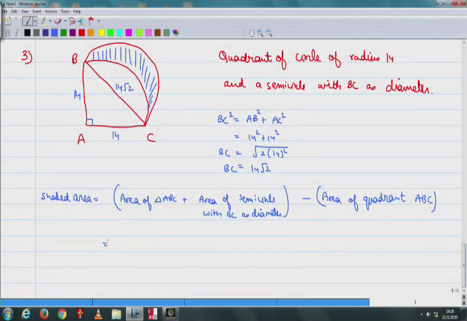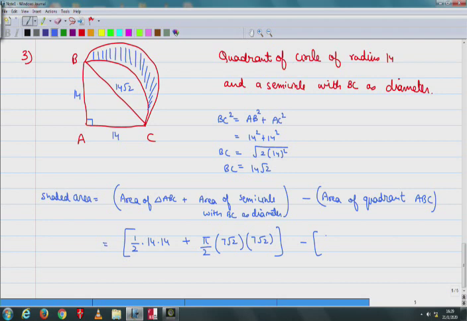So area of triangle ABC is a right angle triangle, which is half into base into height, plus area of semicircle where BC is the diameter. If the diameter is BC, then the radius would be half of this one. So pi by 2 r square, where radius would be 7 root 2 into 7 root 2, minus area of quadrant.